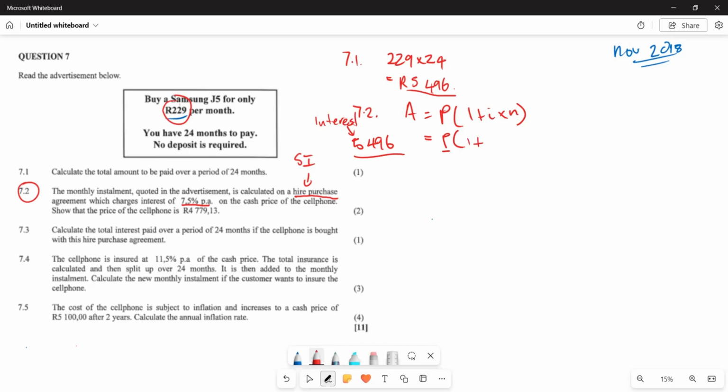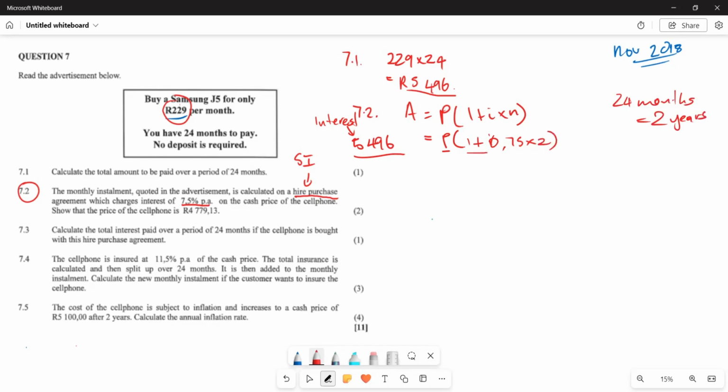So we want to know the original price from the store. This is going to be 0.075 multiplied by, remember, your 24 months is the same as 2 years. So here you're going to multiply by 2.